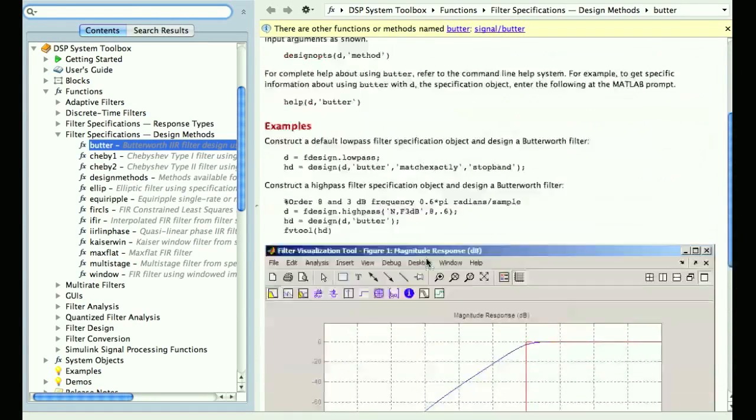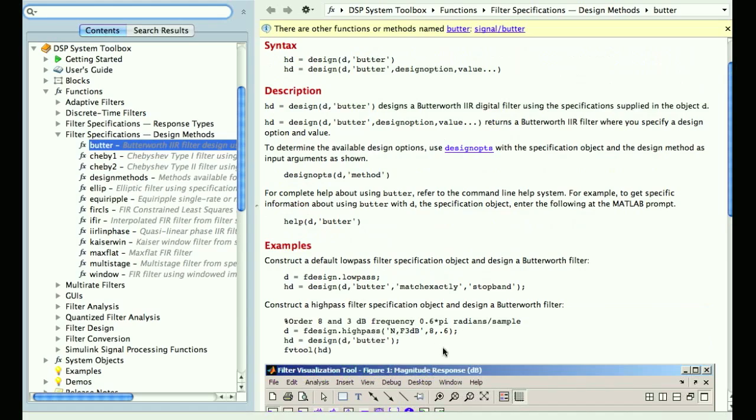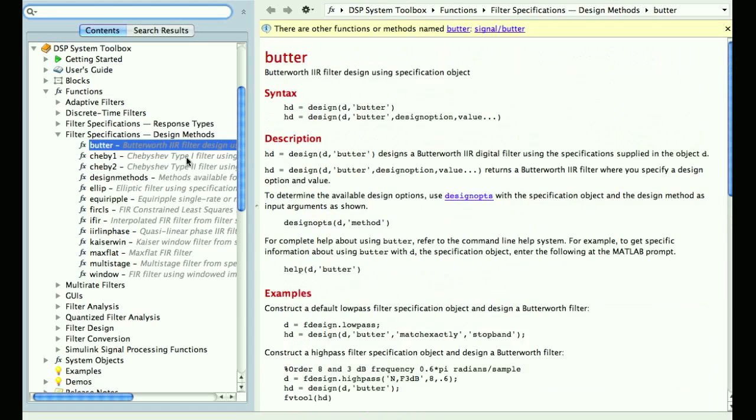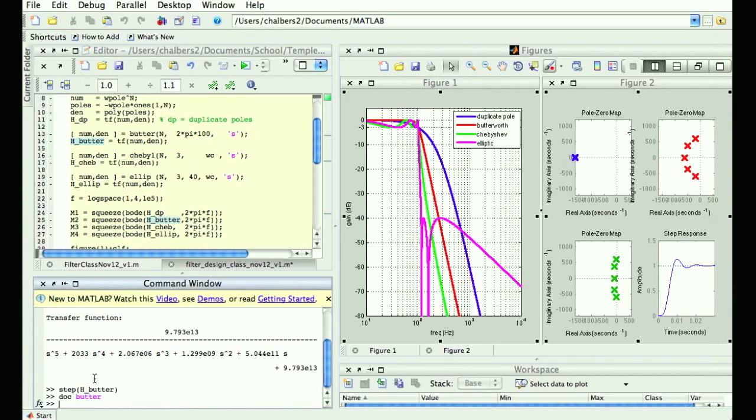Okay, so for example, I can come here. I can say numerator, denominator equals butter, 5 poles, 2 pi, 100. Wait, was it frequency first or? I already forgot.